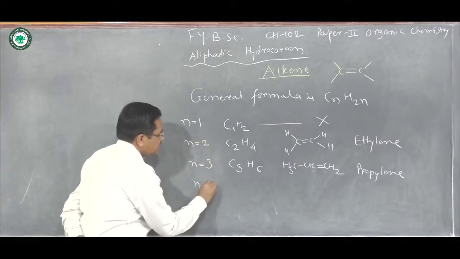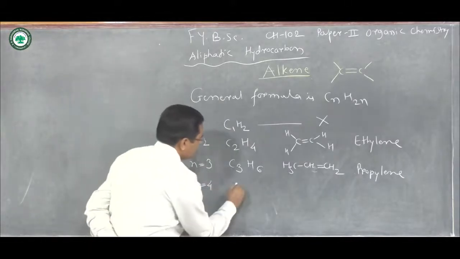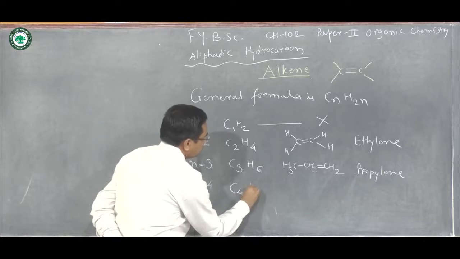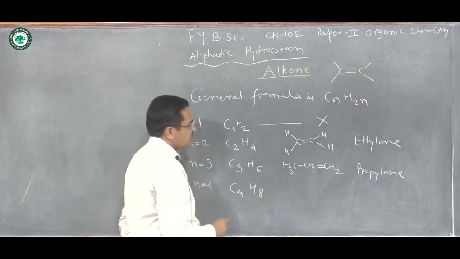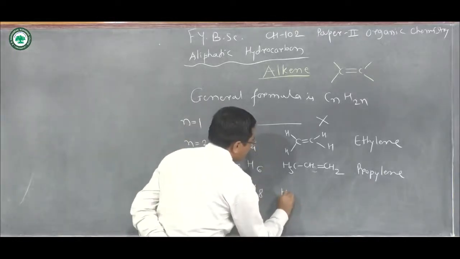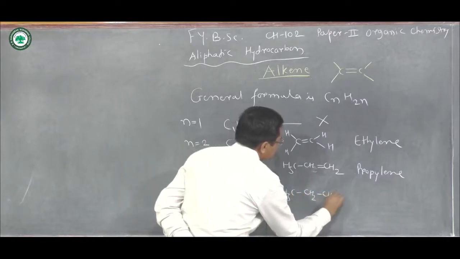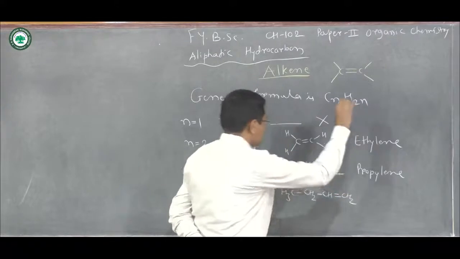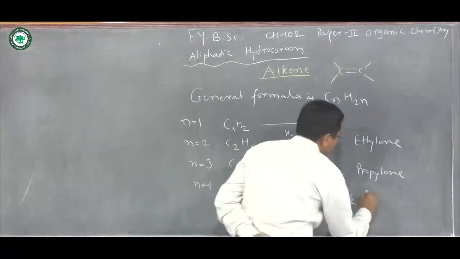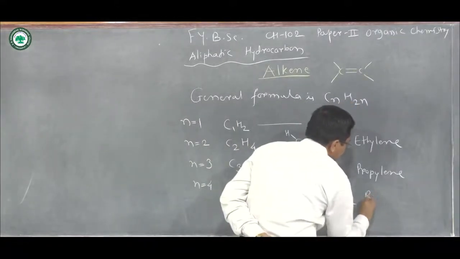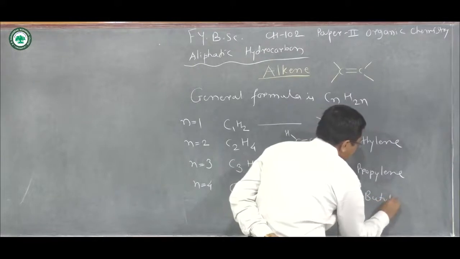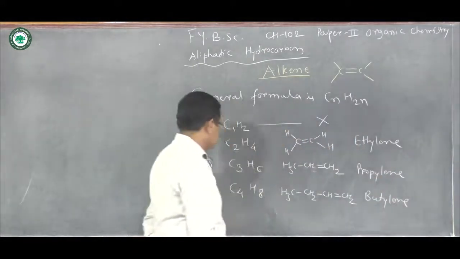And when n equals to 4, C4H8, and here CH3 CH2 CH double bond CH2, and here it is butylene.